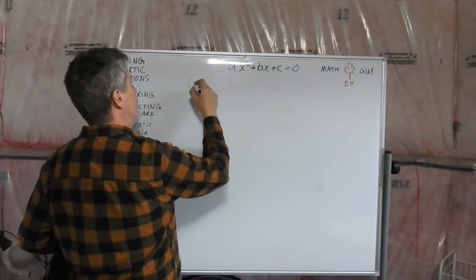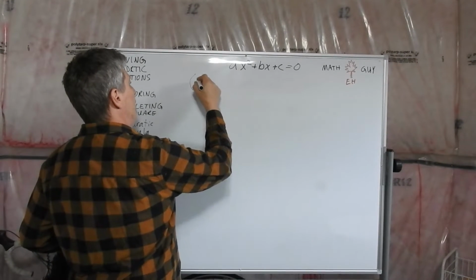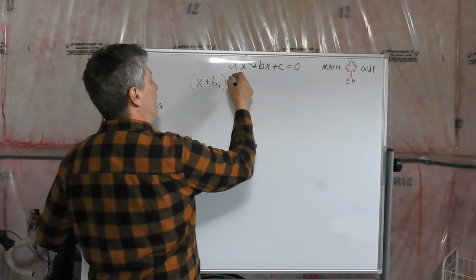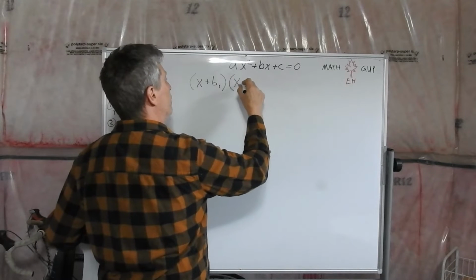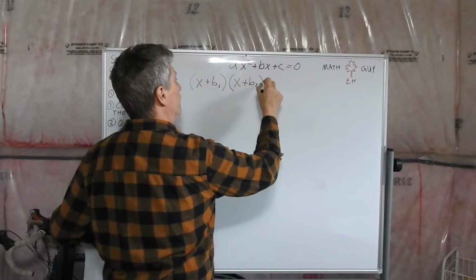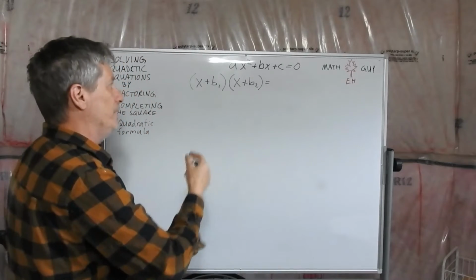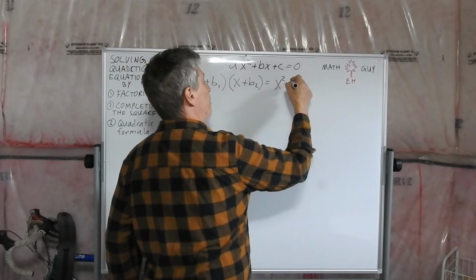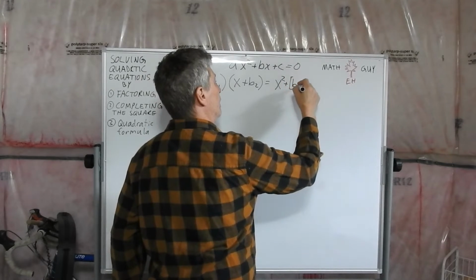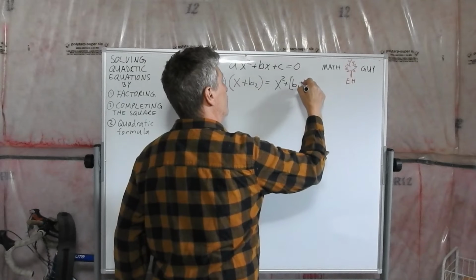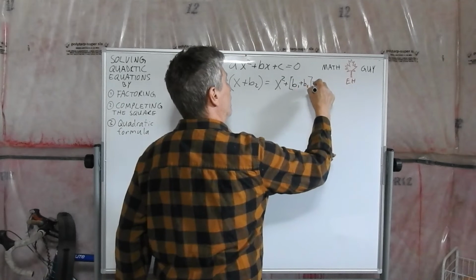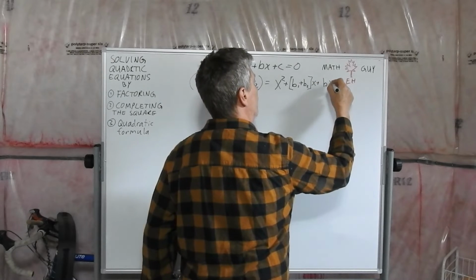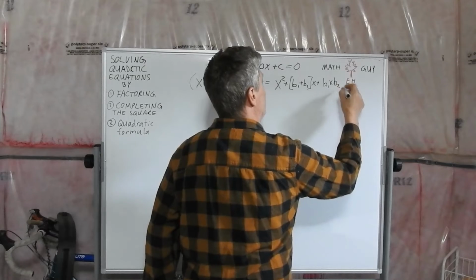So imagine you had two terms, x plus b1 and x plus b2, and you were to multiply that out, you expanded it. You would end up with x squared plus (b1 plus b2) times x plus b1 times b2.